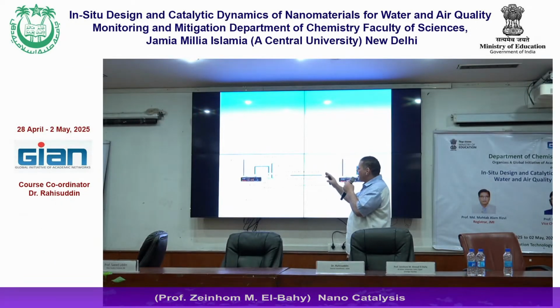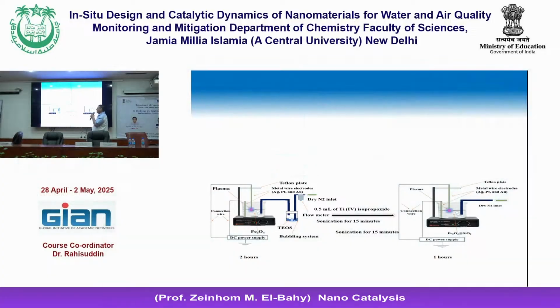Silica will form a shell. And again, we do the same thing using a titanium source with our material in the presence of plasma to give us the total Fe3O4 core-shell material.